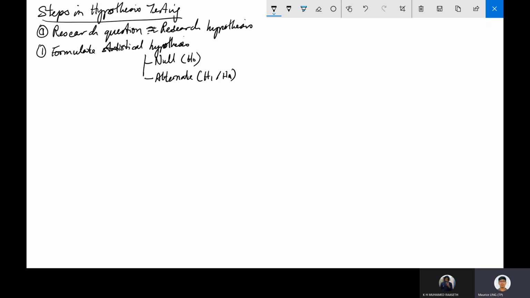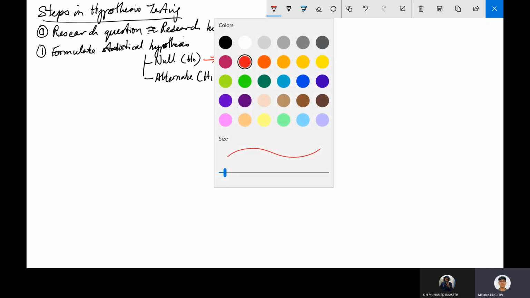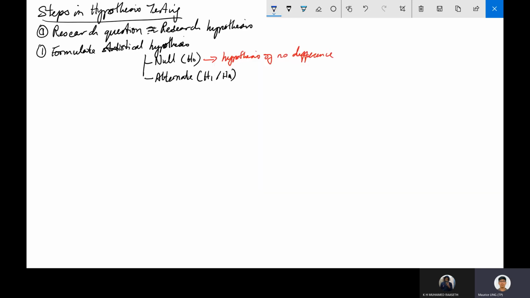So usually, in fact not all the time, the null hypothesis is the hypothesis of no difference. For example, when you look at your research question, let's say you are testing medication.